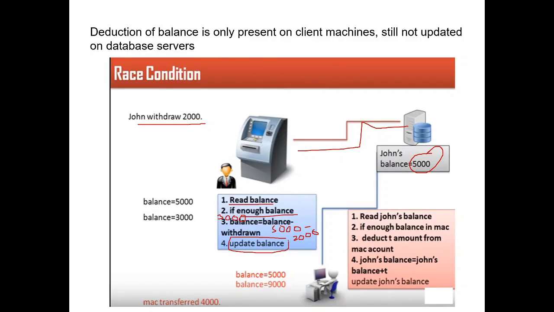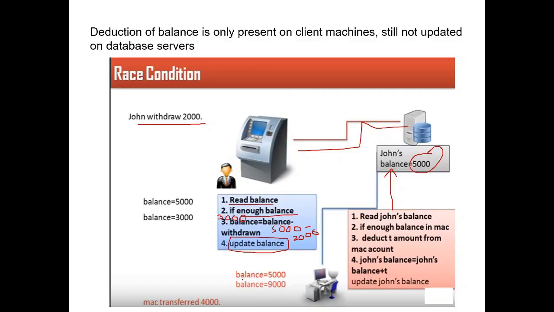But before updating the balance, another process has interrupted in between. The Mac process, John's friend's process, has interrupted in between and read the value of John's balance. It is 5,000.